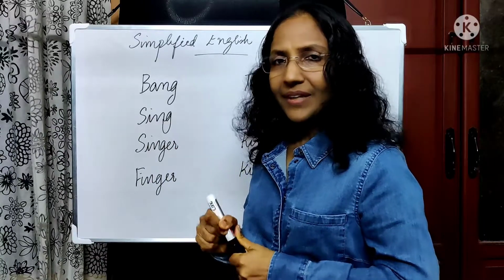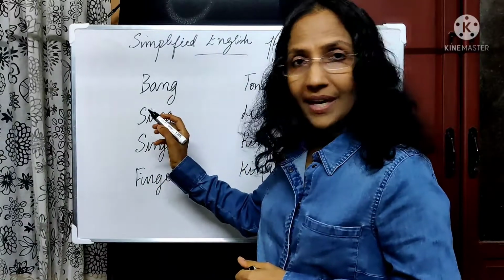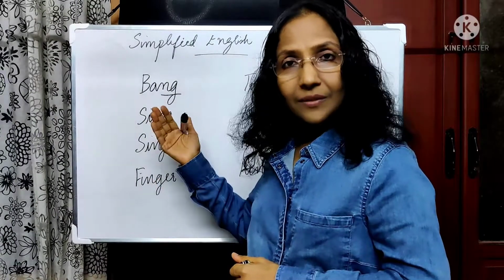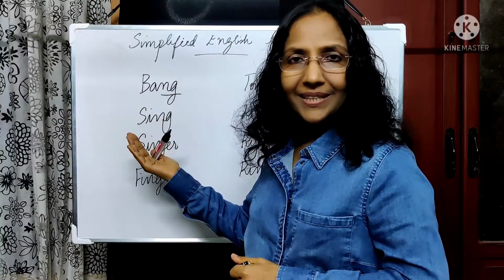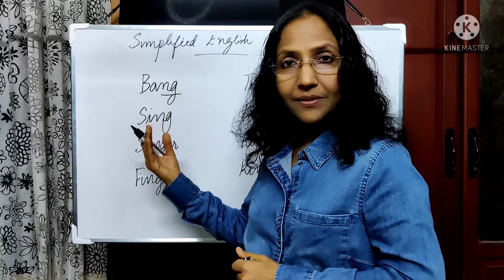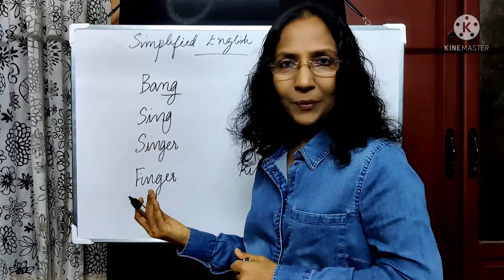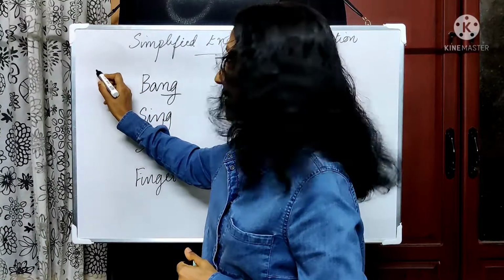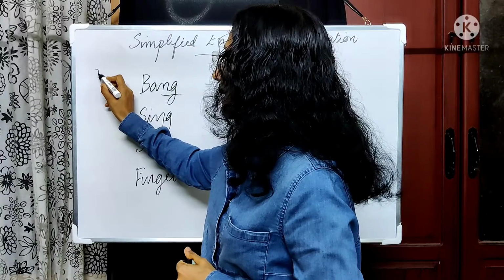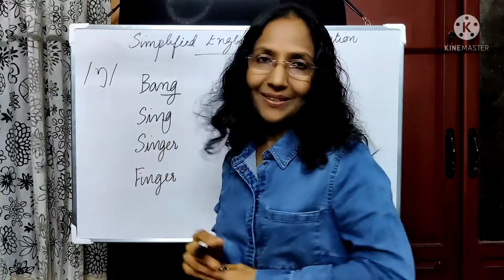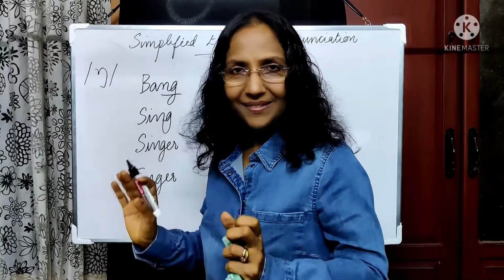But we can come to a conclusion that wherever we have the combination ng, it will be manifested by the sound ng. So that is the rule. Phonemically, it is represented by the symbol ŋ. Okay, just for your understanding.